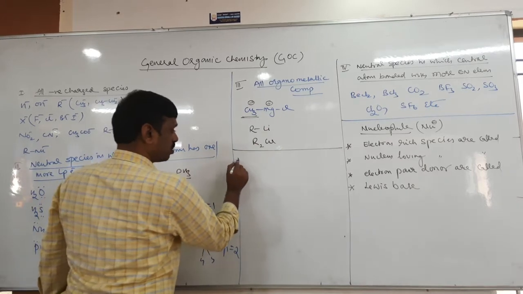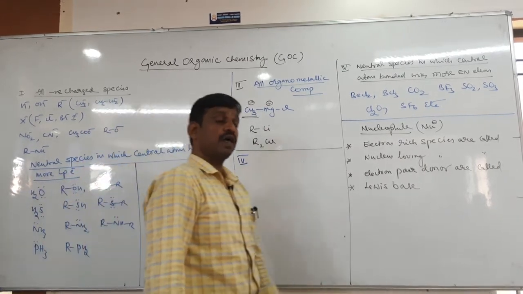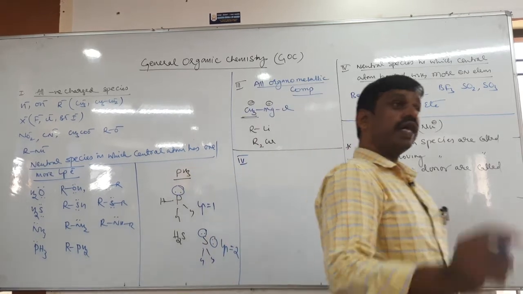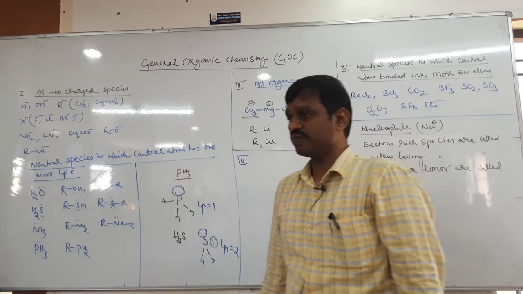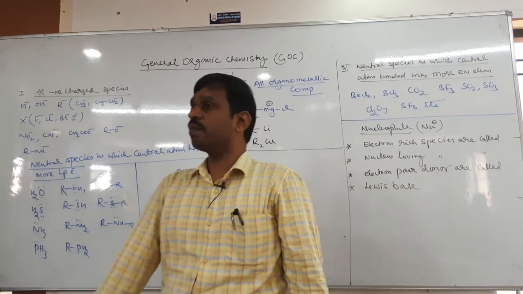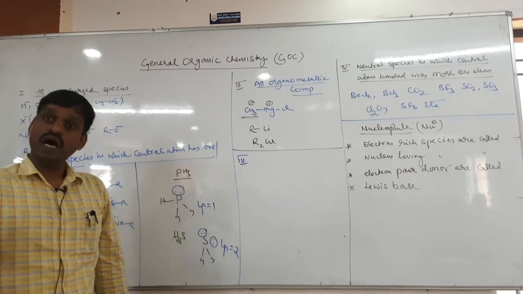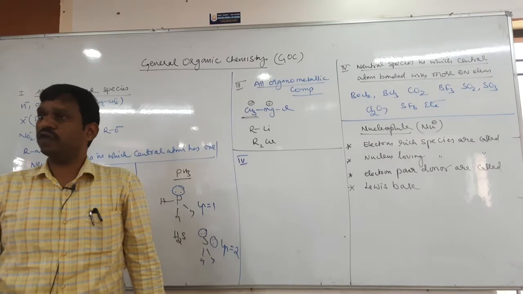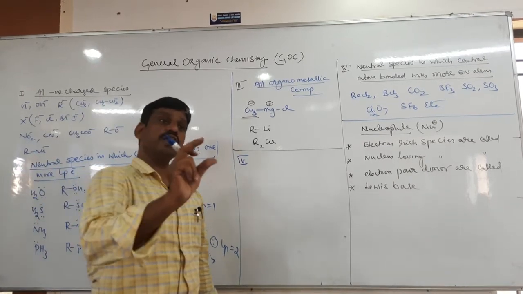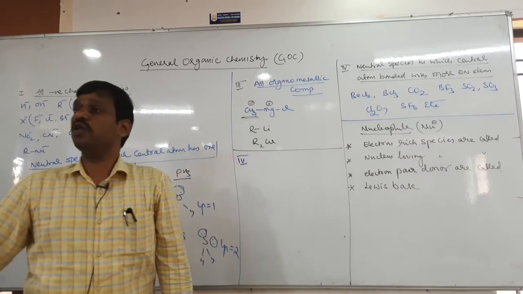Fourth category, it was a previous question that appeared in JEE. The fourth one is the organic compound which contains carbon-carbon multiple bonds. Which organic compounds contain carbon-carbon multiple bonds? Alkene, alkyne, even benzene and its derivatives also. Therefore wherever a carbon-carbon multiple bond is present, all those compounds are nucleophiles.